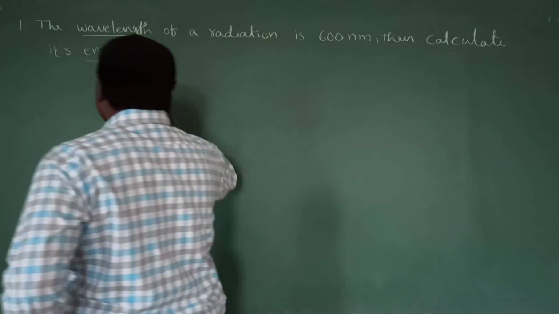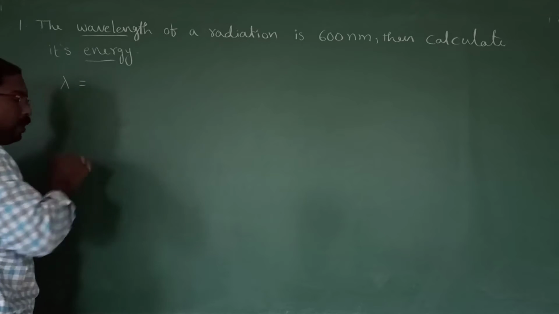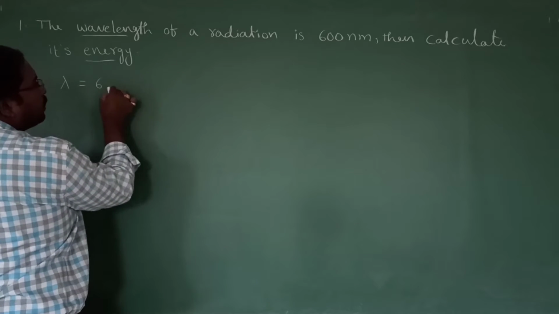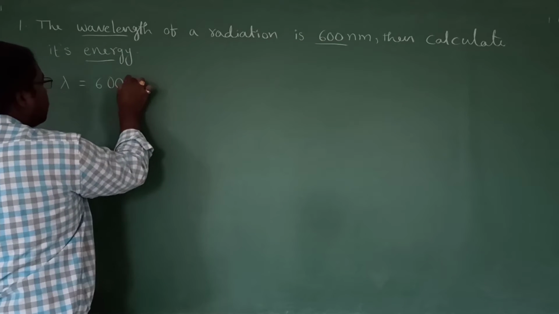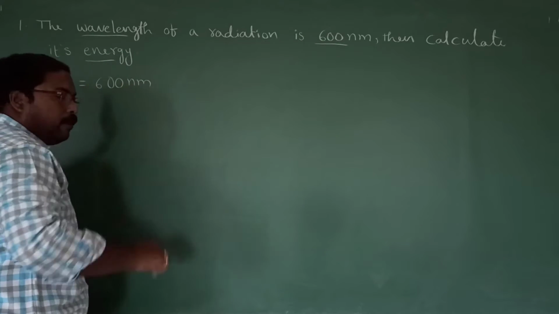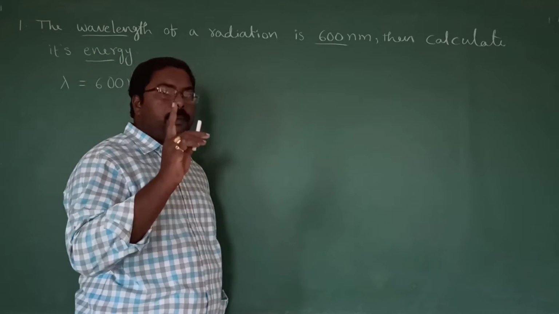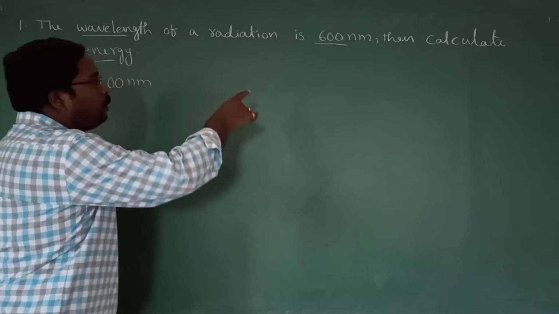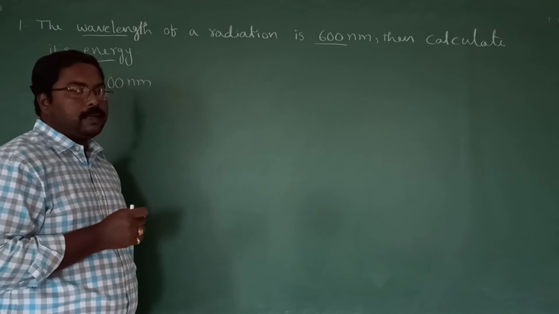First of all, what information they have given, let us write first. They gave the wavelength of the radiation. Its value is given as 600 nanometers. For any question based on any topic, remember to focus on the units first. If you observe the other terms in the formula, we need to take Planck's constant.